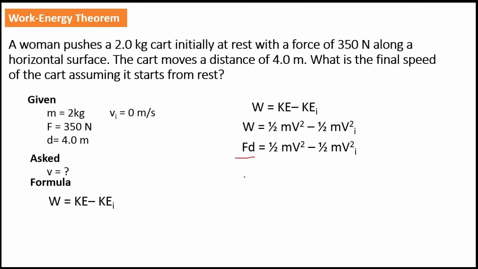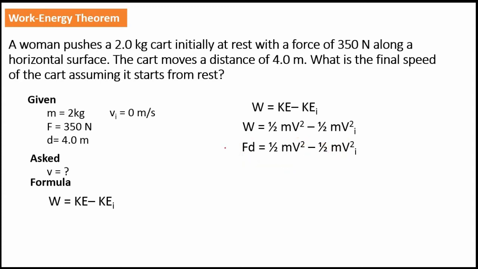Now, to simplify this formula, remember that the initial velocity is 0. Any number multiplied by 0 will also be 0. So we are going to eliminate this one. So what's left is this formula. How to simplify it more?